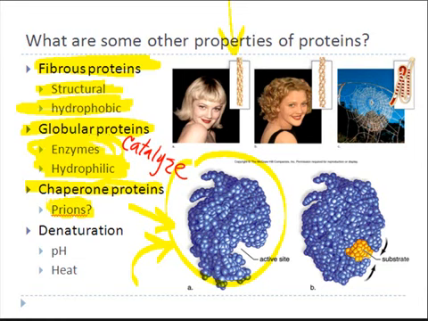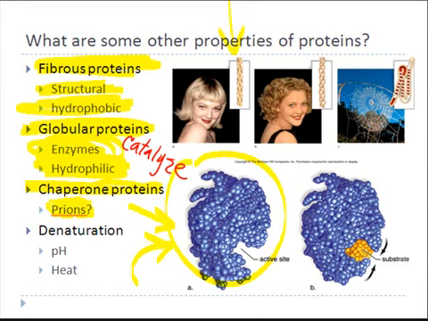One version of a prion we believe is responsible for mad cow disease in humans and in cows. In humans, mad cow disease is called Creutzfeldt-Jakob disease, but it's the same thing. We think it's caused by a rogue type of chaperone protein that's misbehaving.